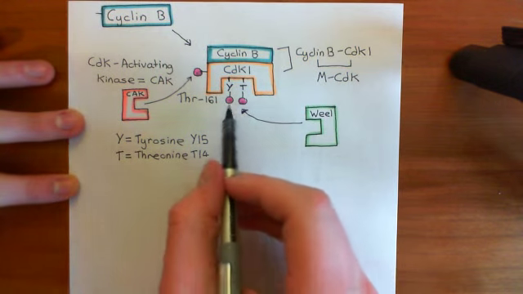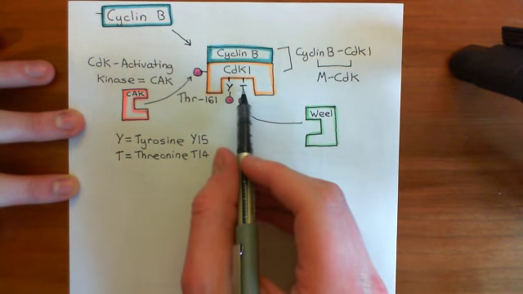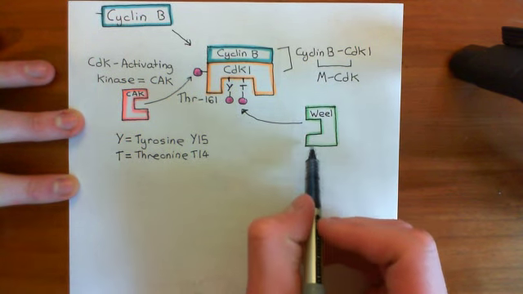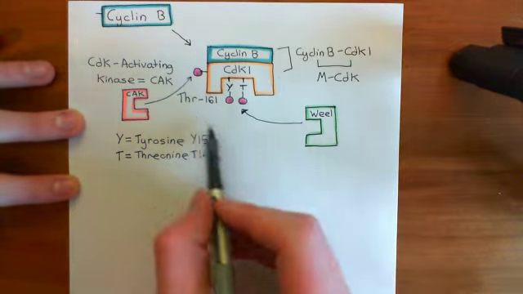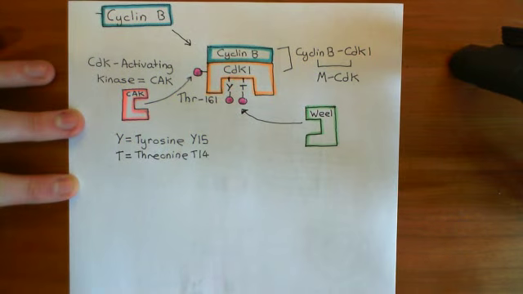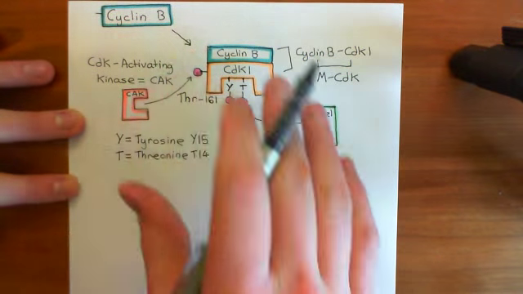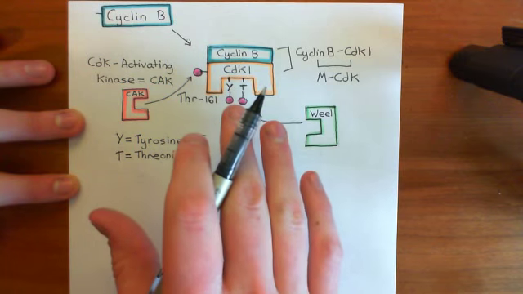But they're also getting phosphorylated at tyrosine 15 and threonine 14 by WEE1 kinase enzymes, which will inhibit the cyclin B CDK1 complex. So at the moment, these complexes that we're forming more and more of are not going to be activated.